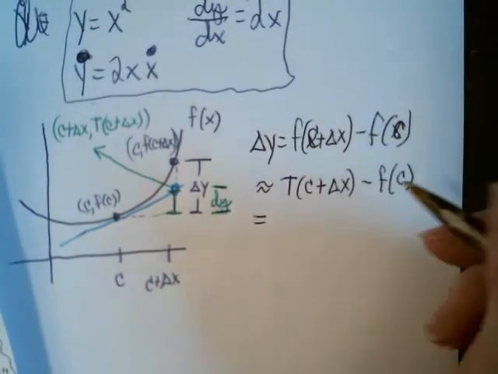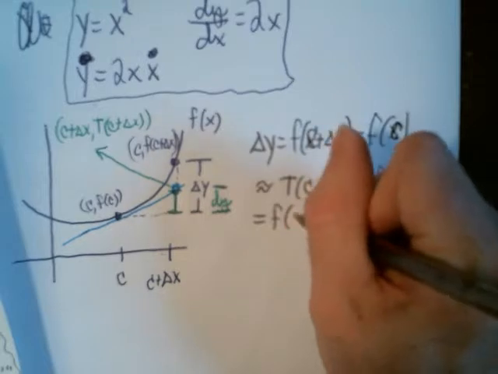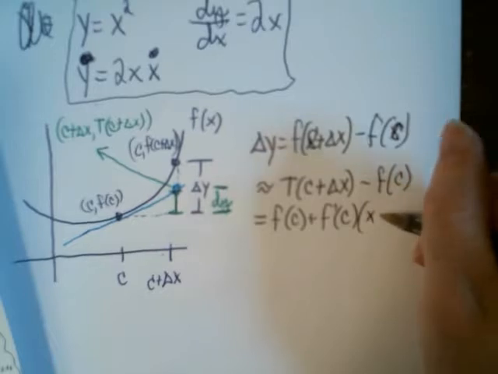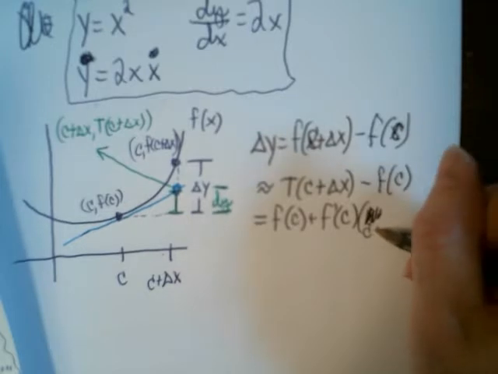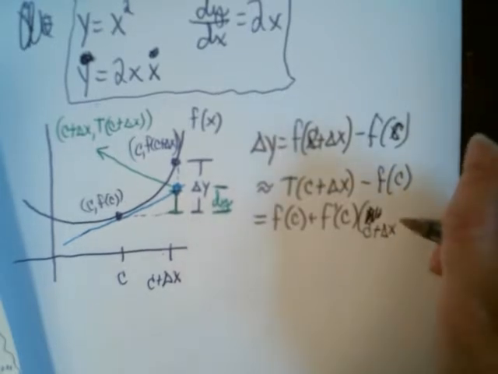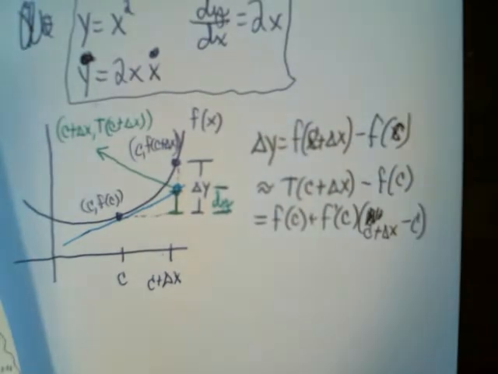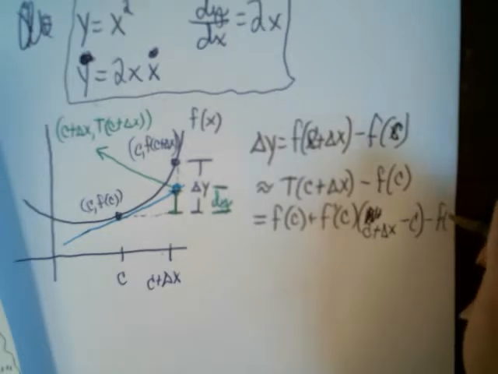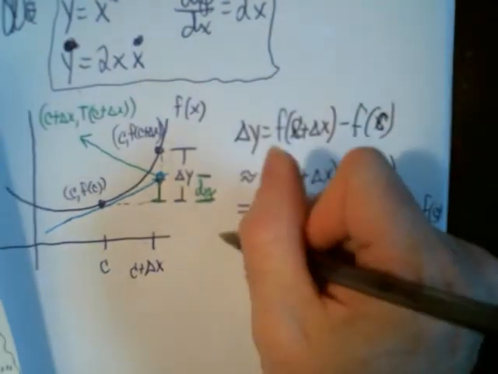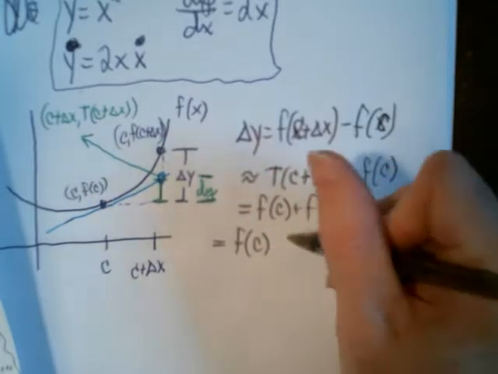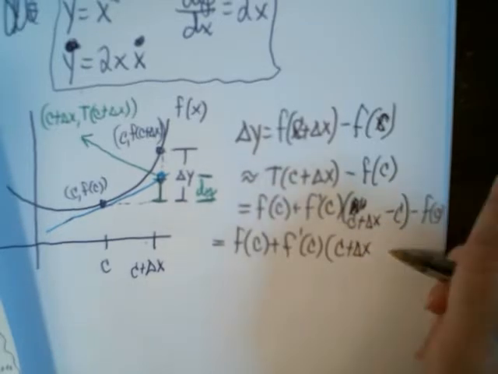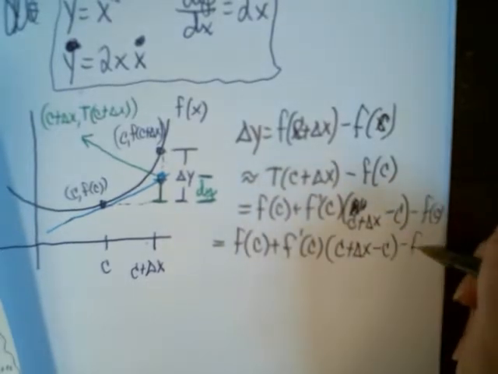So t of c plus change in x is going to be f of c plus f prime of c times x minus c, but x should be not x but rather c plus change in x now, so c plus change in x minus c, minus f of c. I'm running out of room. Let me rewrite that. So it's equal to f of c plus f prime of c times c plus change in x minus c, minus f of c.